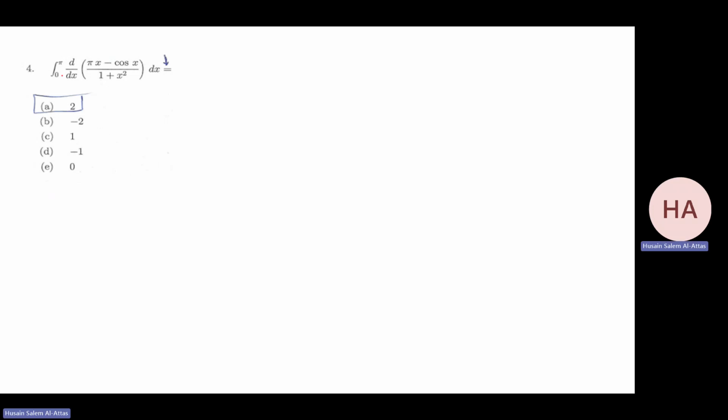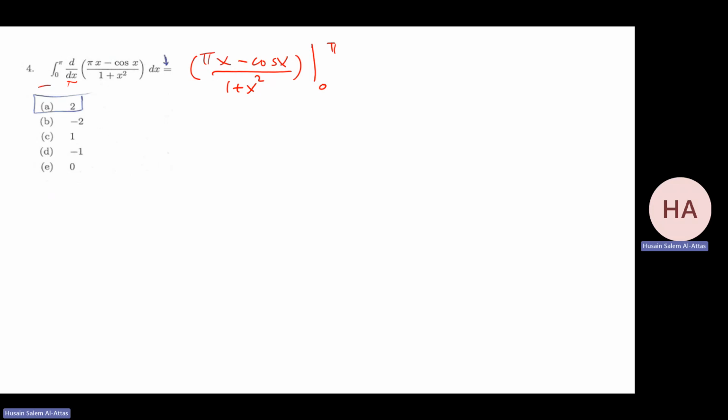That I need to differentiate this, the integral will kill this, so that will be, what? That will be, this will kill this, so I have pi x minus cosine x over 1 plus x squared from 0 to pi.